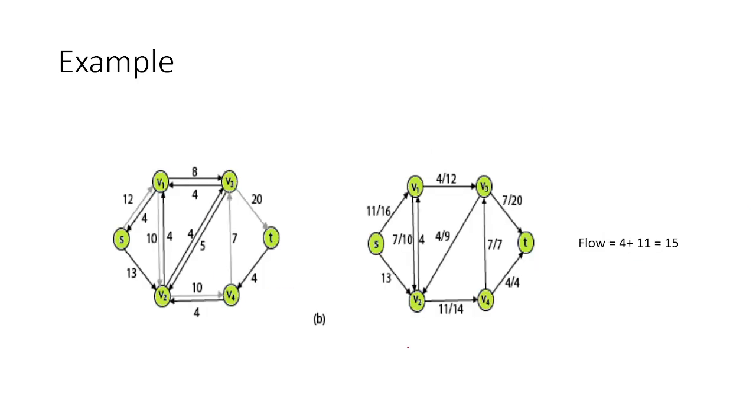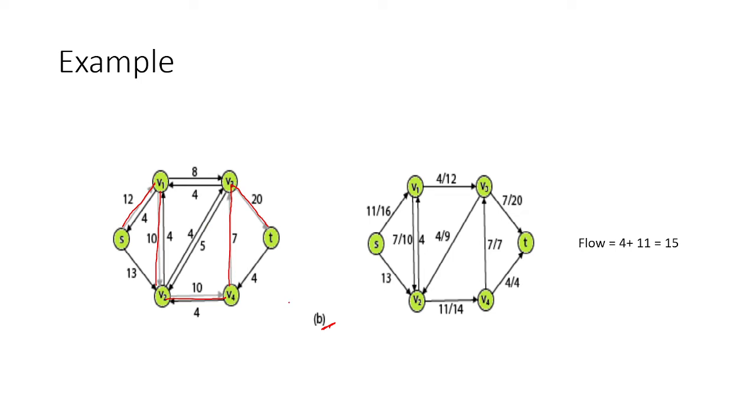In the second step, step B, we will find a path from source to V1, V1 to V2, V2 to V4, V4 to V3, and V3 to T. For this augmented path, we first have to determine the bottleneck capacity.